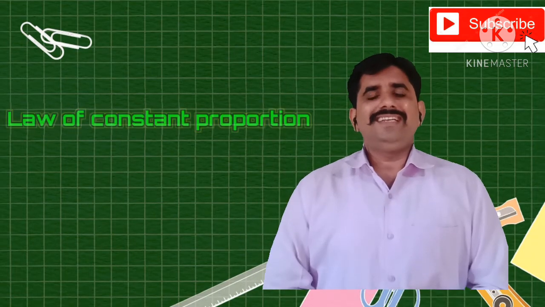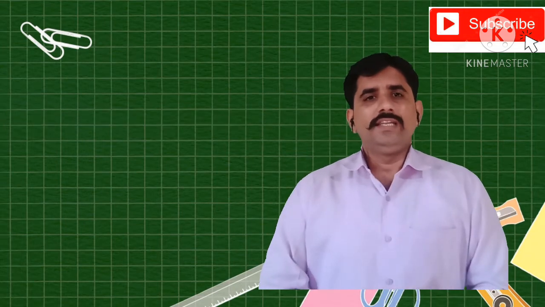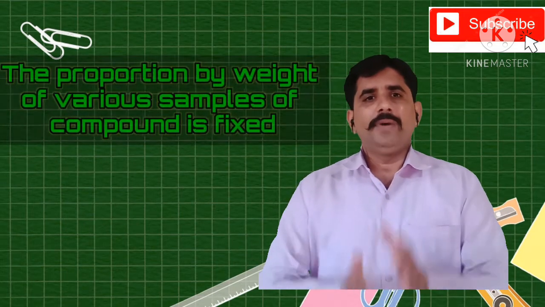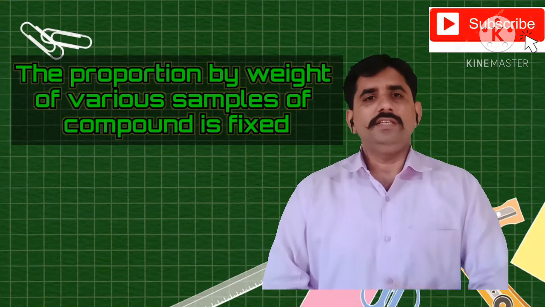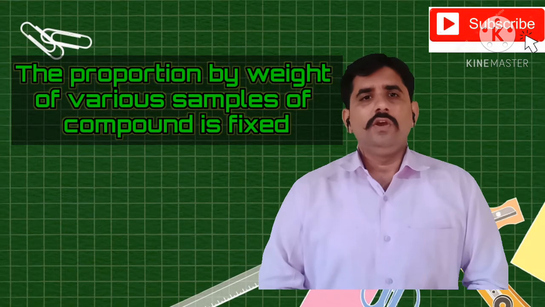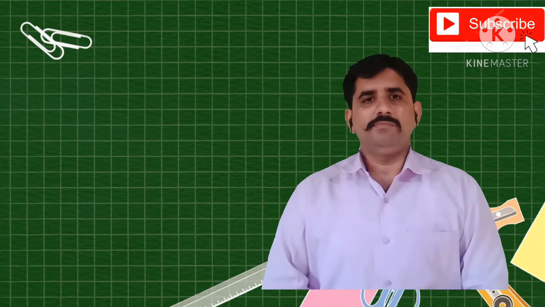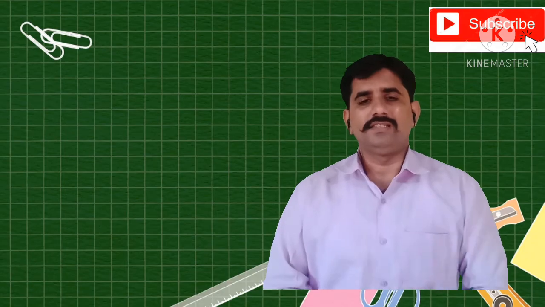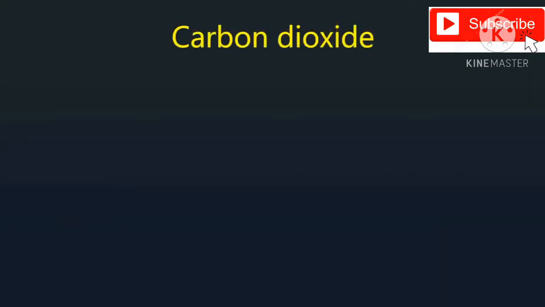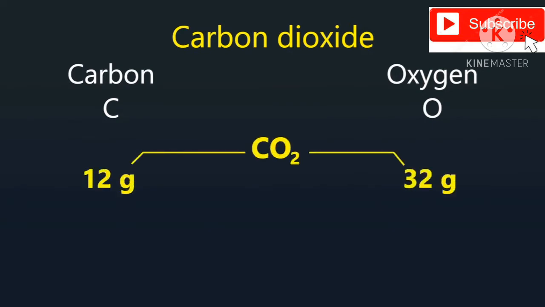The French scientist J.L. Proust stated in his law that the proportion by weight of the constituent elements in various samples of a compound is fixed. For explaining this, he took various examples. Suppose we want to prepare carbon dioxide from carbon and oxygen. Then we take 12 gram of carbon and 32 gram of oxygen.